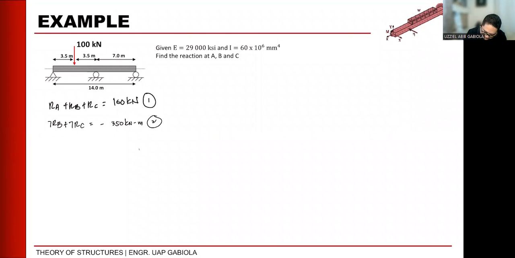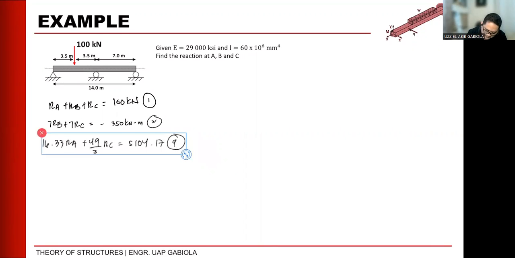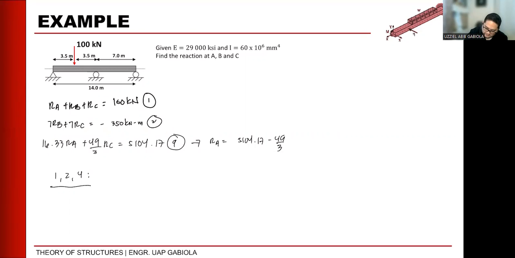Gamitin natin dito. So, using 1, 2 and 4. Okay? Gagawin natin in terms ni RC lahat. Ibig sabihin sa equation 9, gagawin natin RA is equals to 5104.17 minus 49 over 3 RC.